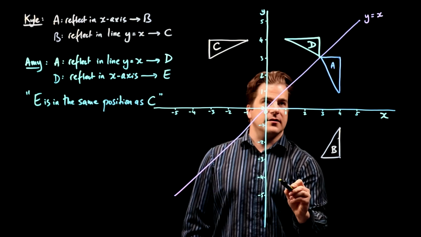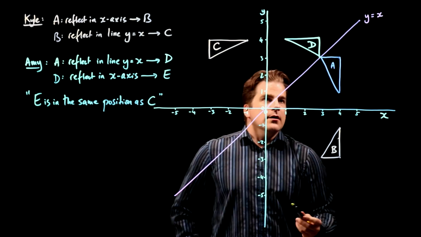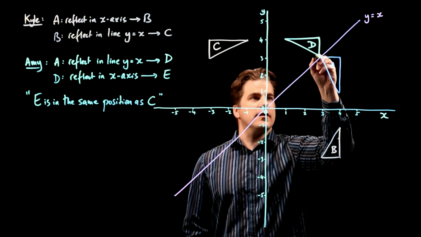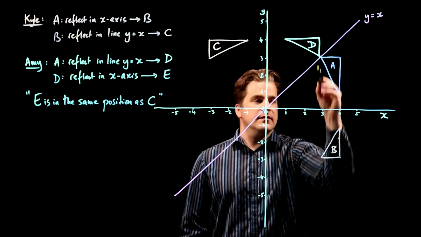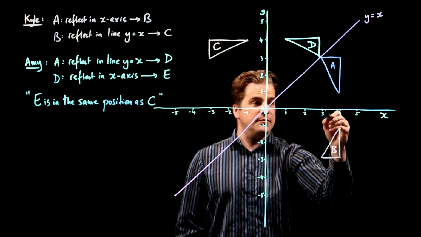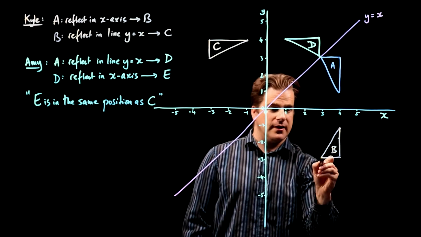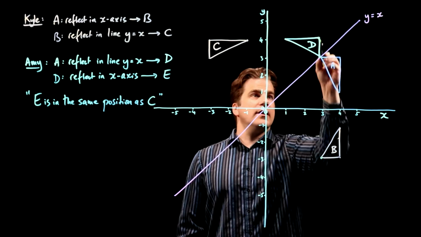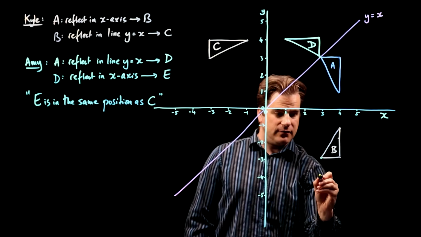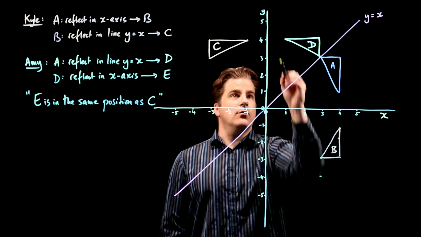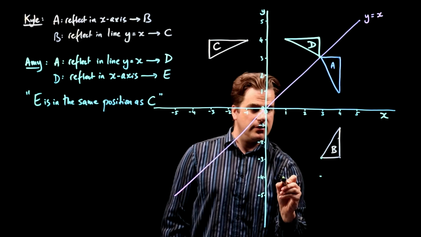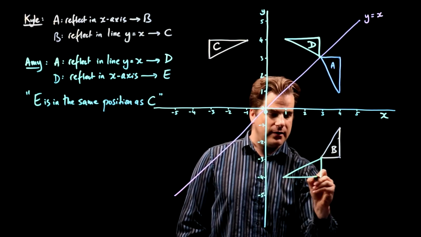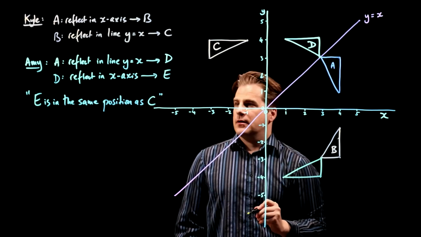So it's going to be there, isn't it? Right, let's start with this point. (3, 3). So reflection in the x-axis, it must be (3, -3), so that's there. That point, (3, 4), so it's going to be (3, -4). This point here, (1, 4), so (1, -4). Yes, as predicted, there is triangle E.